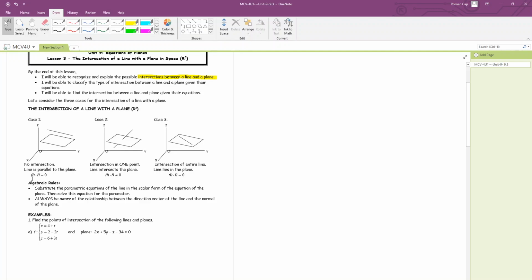We have m dot n is equal to 0. So here we have no intersection. The line is parallel to the plane. So then we can actually draw our vectors on this diagram here. So n is always going to be perpendicular to the plane. So we have n like here.